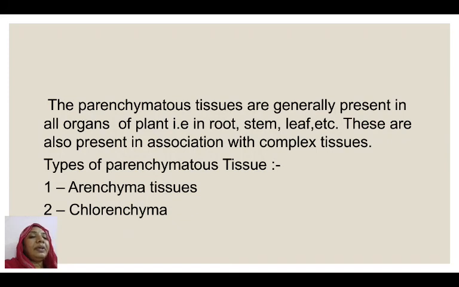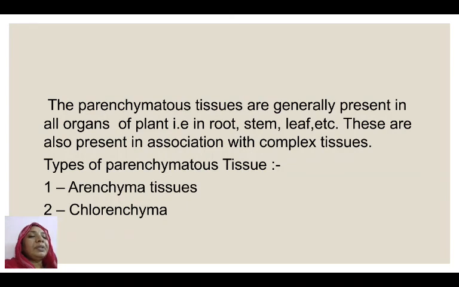These hydrophytic plants have the capacity to float in water bodies because of this parenchyma tissue. The parenchyma tissue provides buoyancy or floating capacity to these plants, and it also helps in the exchange of gases in these plants. The parenchymatous tissue which has chlorophyll pigment is called chlorenchyma.